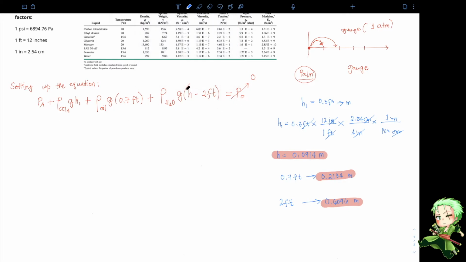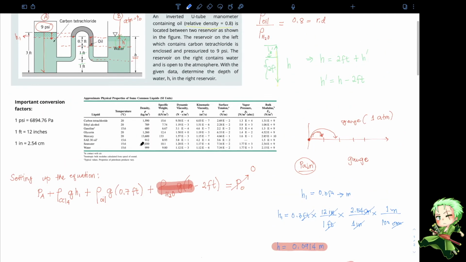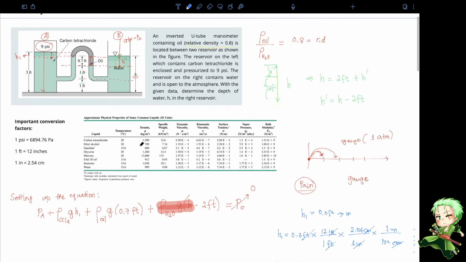Our goal is to isolate the term that contains your height h on either side of the equation, because we need to find this h. Before that, it's made clear in the problem that the oil has a relative density of 0.8.